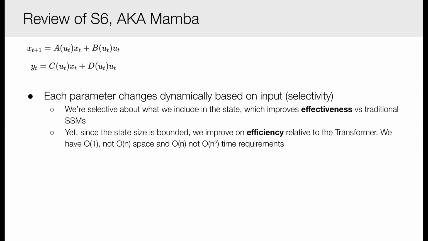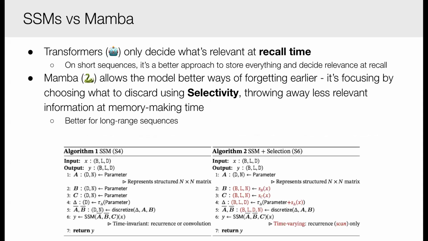So what this means is now we basically have in-context learning in a sense. Transformers only really decide what's important at recall time. So on short sequences, technically speaking, it's actually better to have a transformer. But if you remember from our previous lecture, Mamba was created for the sole purpose of dealing with long sequences.